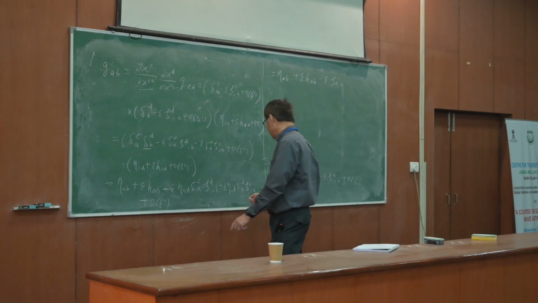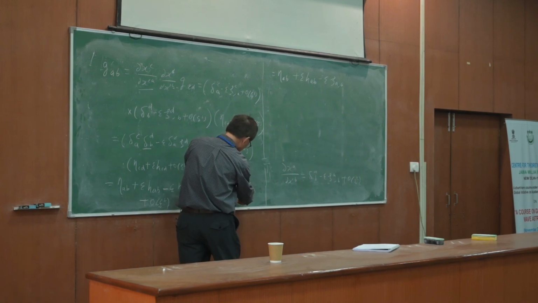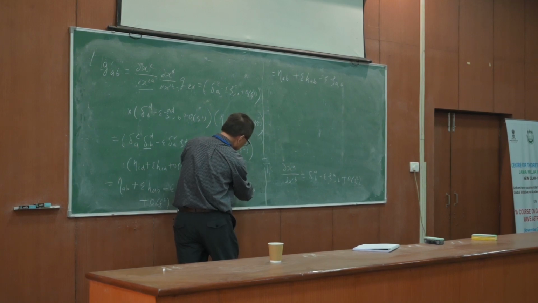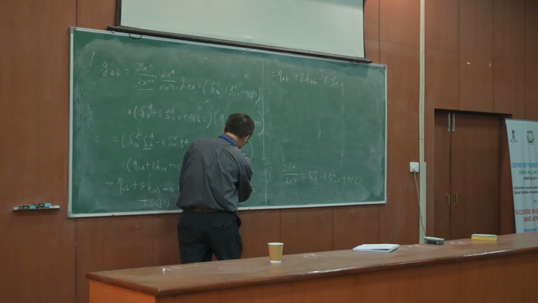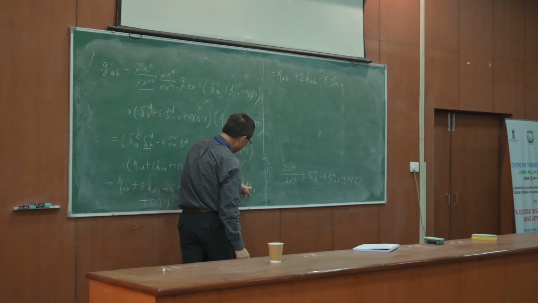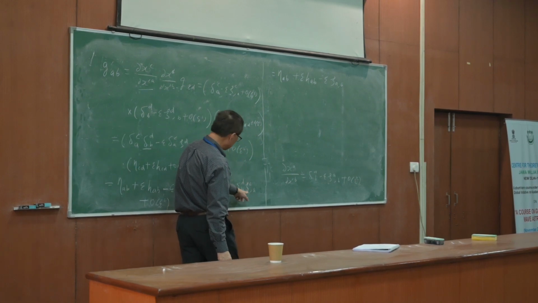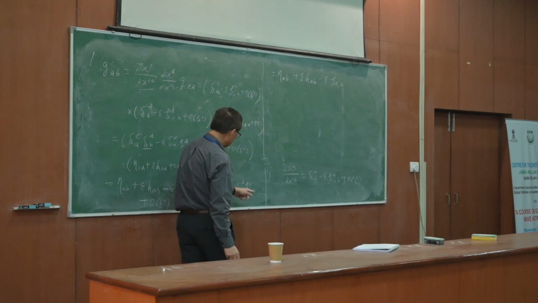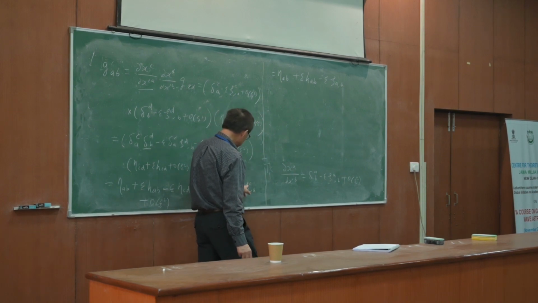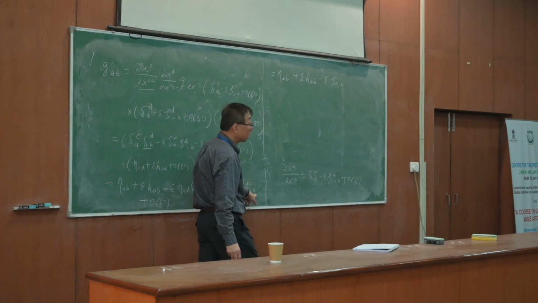What about here? Here I have D. So this will be eta C B because D equal B. Then I will lower C to B, right? Because the partial derivative is constant. So this becomes psi B comma A.